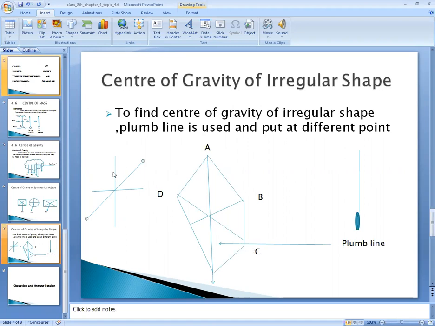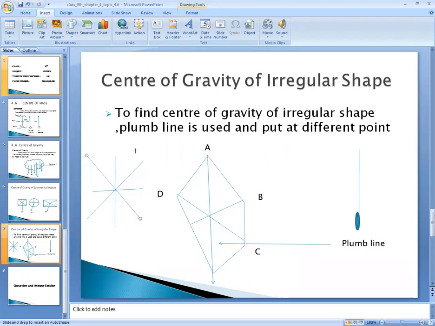So how many lines do I have? 1, 2, 3 lines. So I draw 2 more lines. Suppose this is another line. Okay, then I take another line.